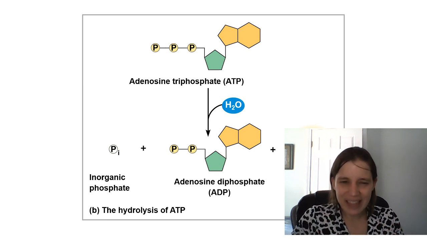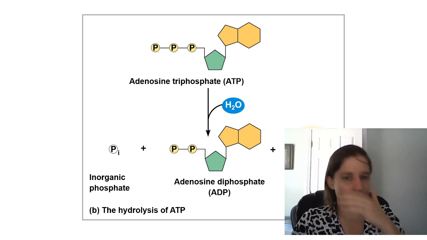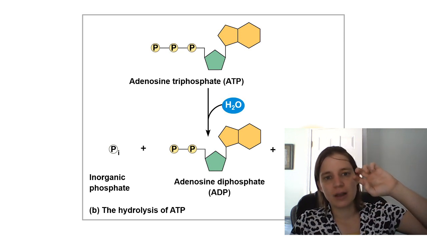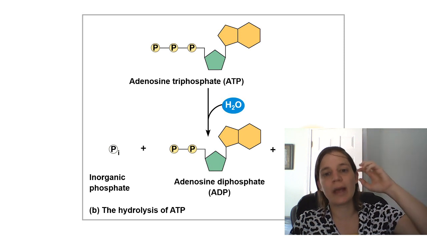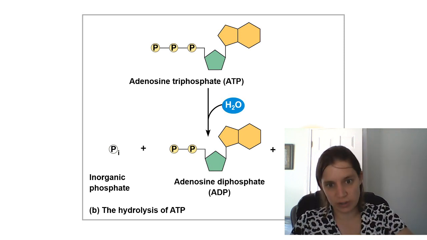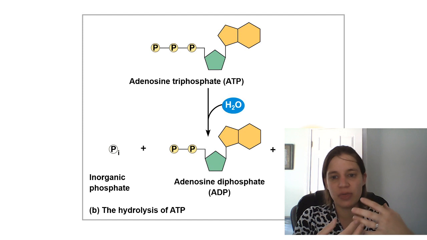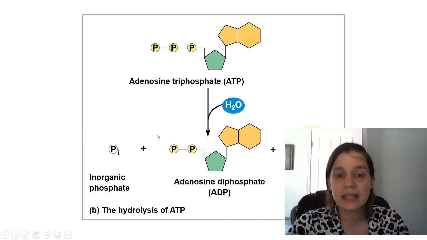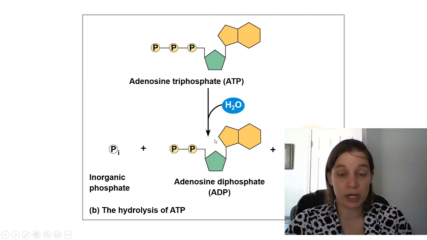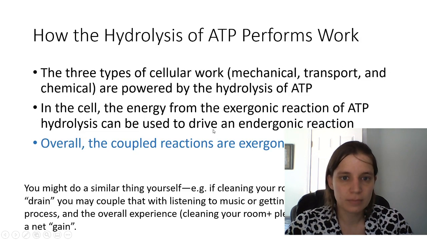You can think of it that way, but that's not exactly what's happening. You're going from a less stable, high energy configuration to a more stable, lower free energy configuration, and you get free energy off when you do that. So this can be used to power work, which is important.